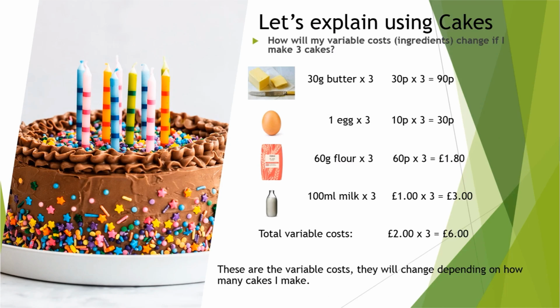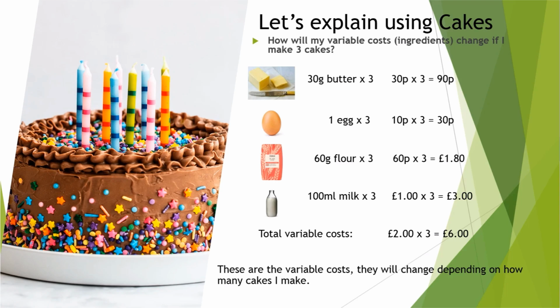So now that we've done one cake, let's have a look at how the variable costs, so the ingredients, would change if I made 3 cakes. So we'd need 30 grams of butter times 3, so 90 grams of butter. 30 pence times 3 is 90 pence. I then need 3 eggs, so 10 pence each times 3 is 30p. 60 grams of flour times 3, which is 180 grams, so 60 pence times 3 is £1.80.